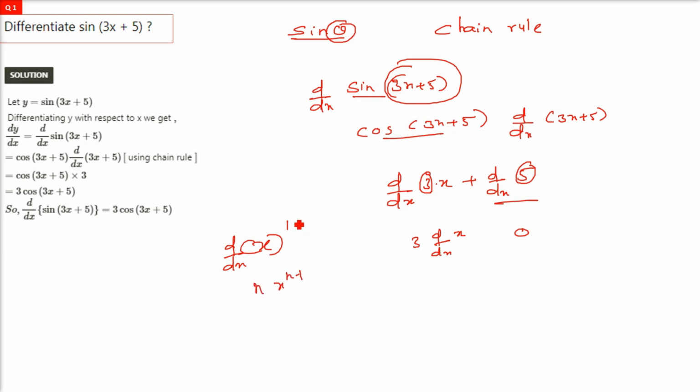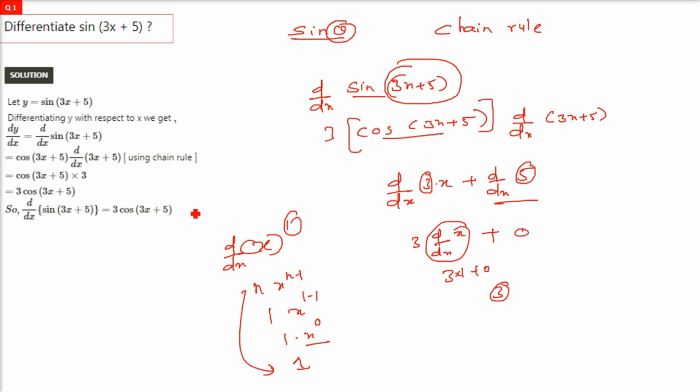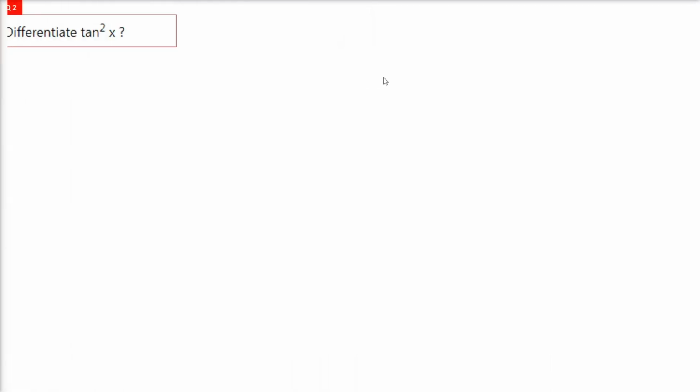So this is nx to the power n minus 1. 1 comes in front, and then x to the power 1 minus 1, that is x to the power 0. And anything to the power 0 is always 1. So the result of d by dx of x is 1. So only 3 will come. The d by dx of 5 is, of course, a constant, so it is going to be 0. So cos 3x plus 5, and the 3 that is coming, you can write in front.